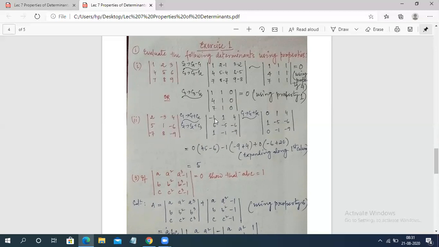After doing this transformation, your matrix will become minus 1, C1 plus C2, that is 2 minus 3 is minus 1, 5 plus 1 is 6, minus 7 plus 8 is 1. Now C2 is getting changed as C2 plus C3, so minus 3 plus 4 is 1, 1 minus 6 is minus 5, 8 minus 9 is minus 1.